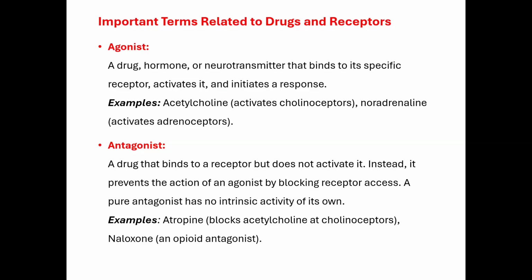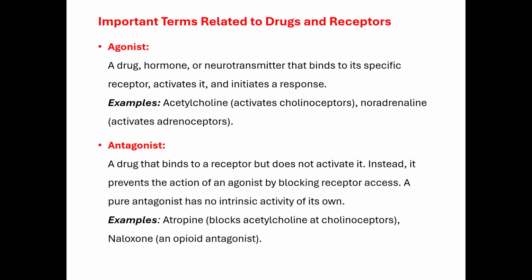So I did not put the curves there because you won't do anything if you see the curves. But we need to understand these important terms. What is an agonist? What is an antagonist?